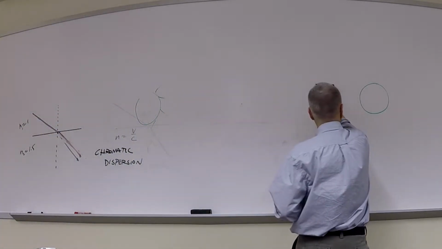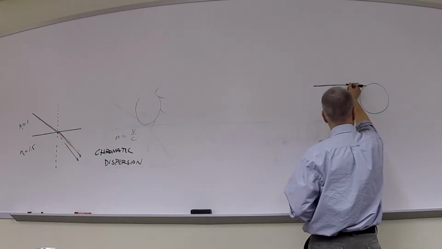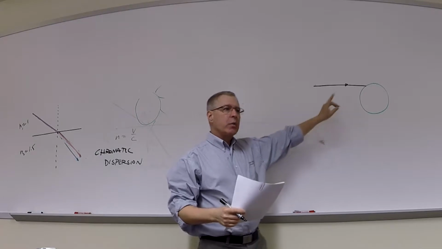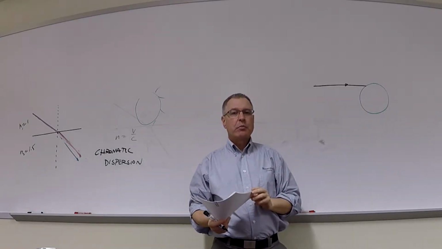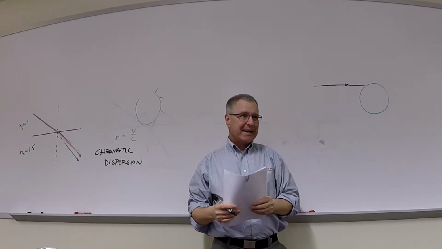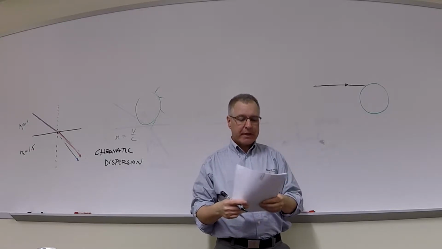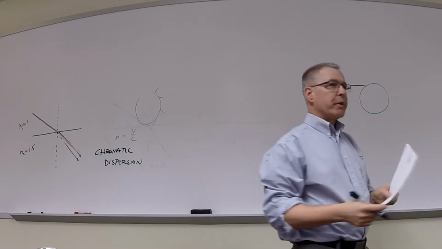So here comes a ray of light from the sun, and it hits an interface between two materials. We've got air out here, we've got water right there. Water has an index of refraction of 1.33. So yes, that light's going to bend, and if that light has different colors in it, you're also going to start to get chromatic dispersion. And the blue bends more than the red.